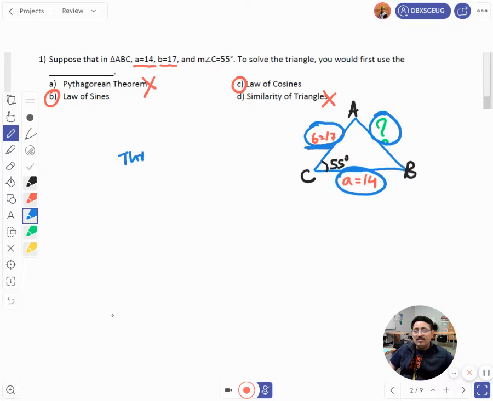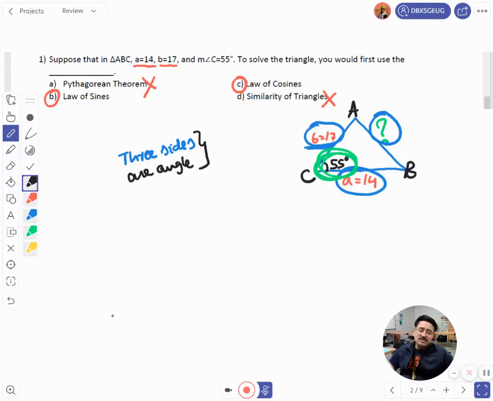Therefore, three sides are involved in this question and an angle. So one angle and three sides. Therefore, which rule do I have to use? Is it law of sines or law of cosines?